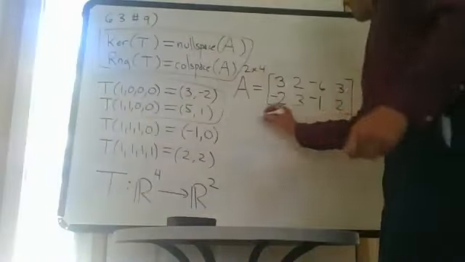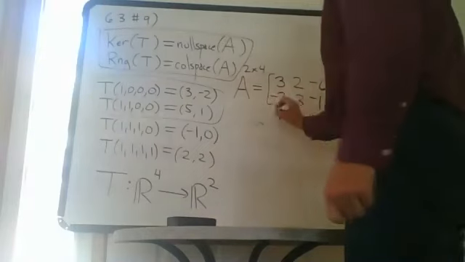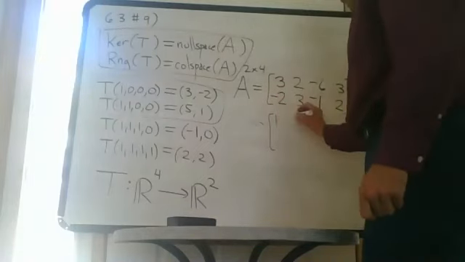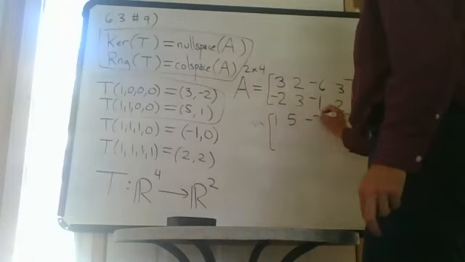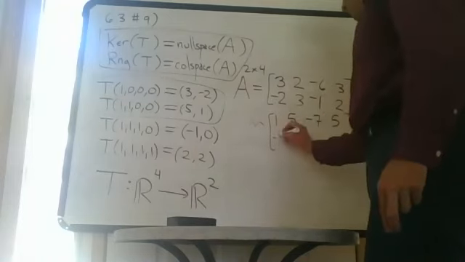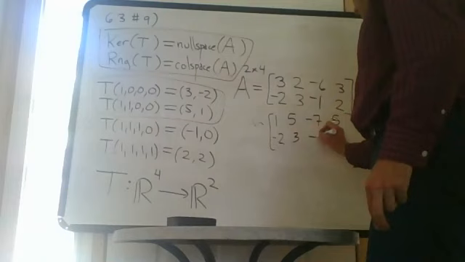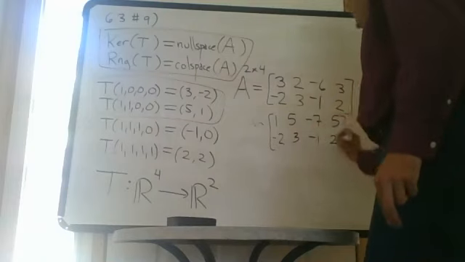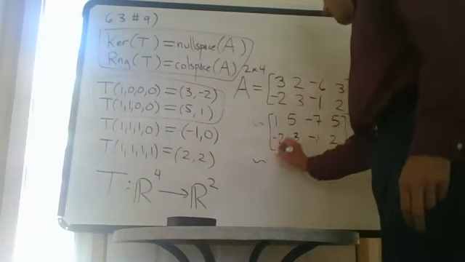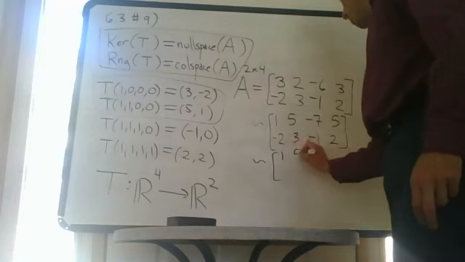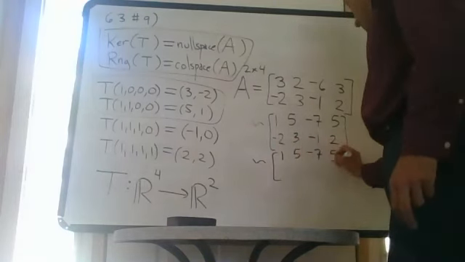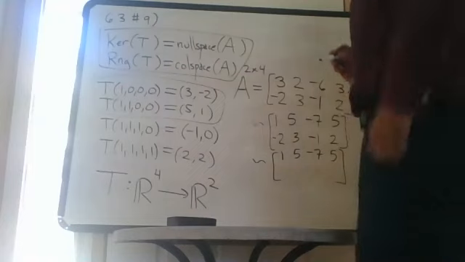So what I'm going to do is just add the second row to the first row here so that I can get a 1 in the upper left corner. So I get 1, 5, negative 7, 5, and negative 2, 3, negative 1, 2. And now I'm going to take the first row times 2 and add it to the second row. So we get 1, 5, negative 7, 5.